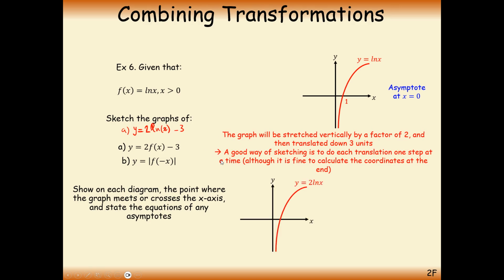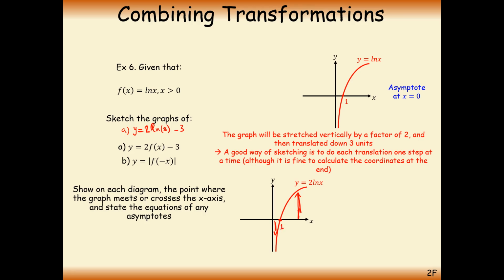This is the effect of multiplying by a factor of 2. Notice it's hard to see exactly how the graph is stretched because it's stretched in y direction and there are no coordinates that we've been told. Actually, this stretch leaves the point 1 where it is.